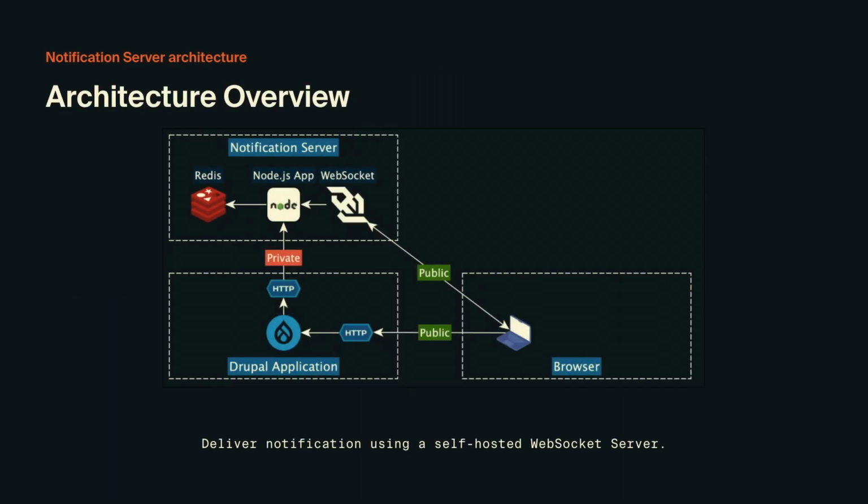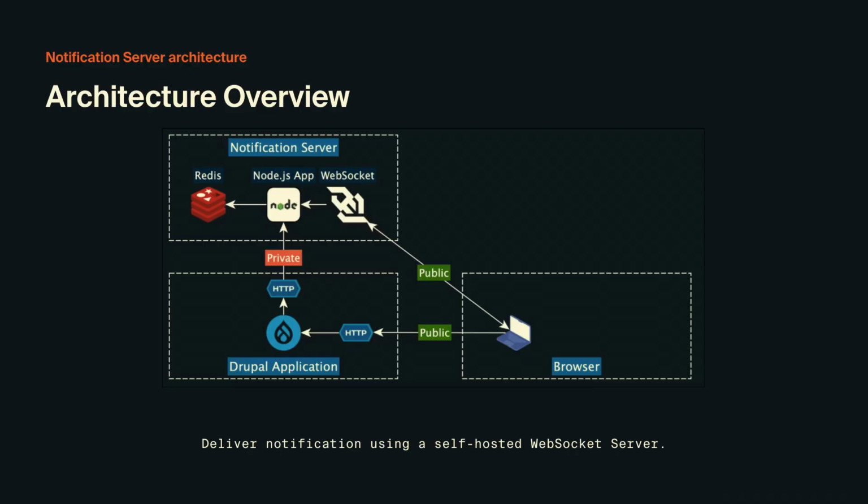The architecture is very similar to the third-party service I mentioned earlier, and it uses a Node.js server, and that's what serves the notifications. The Drupal application tells this Node.js server which channels we want to create and which are the valid client IDs, and you can also specify which client ID has access to which channel. The access control can be controlled from Drupal itself.